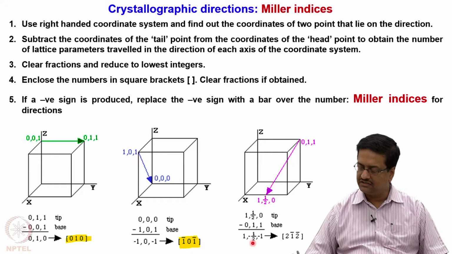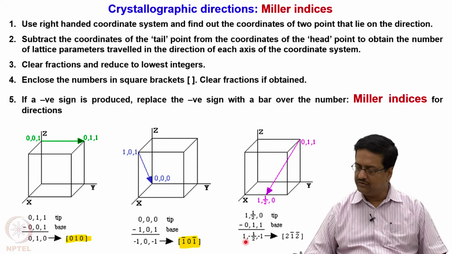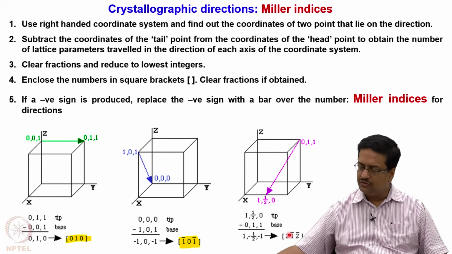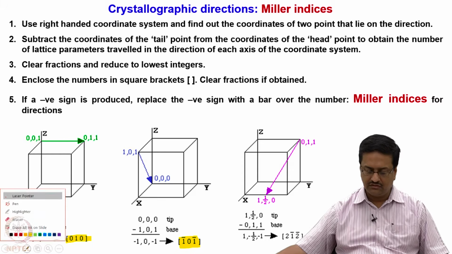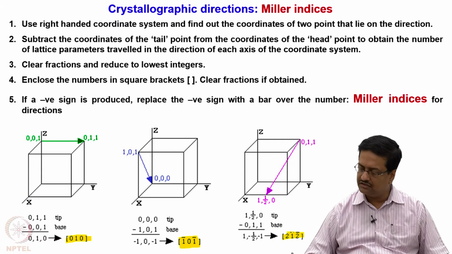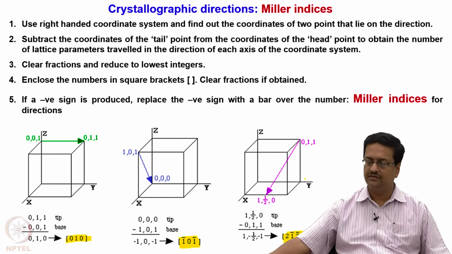So on subtraction it becomes 1, minus half, minus 1. So now we have a fraction here. So this fraction has to be cleared. So we multiply these 3 numbers by 2 to remove the fraction. So it becomes 2, 1 bar, 2 bar, and that 2, 1 bar, 2 bar is the Miller indices for that particular direction that we have seen now.